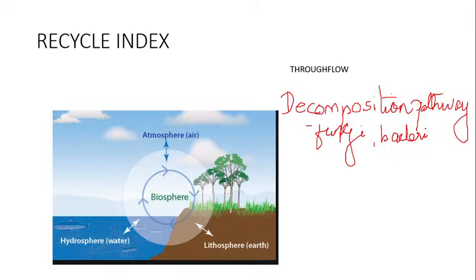Decomposition pathway means dead and decaying organic materials are degraded. The complex organic molecules are acted upon by these bacteria, and so they are called reducers. Bacteria and fungi are called reducers because they reduce the complex organic material into simpler compounds such as carbon dioxide and water.